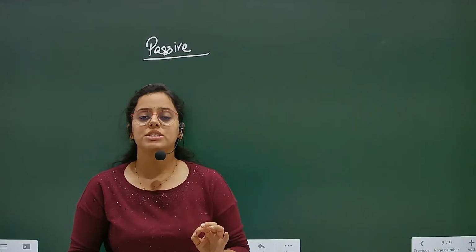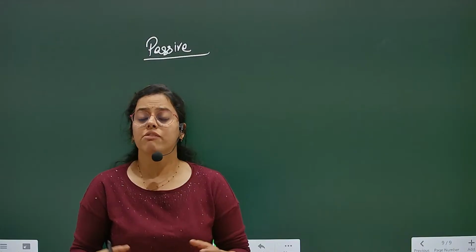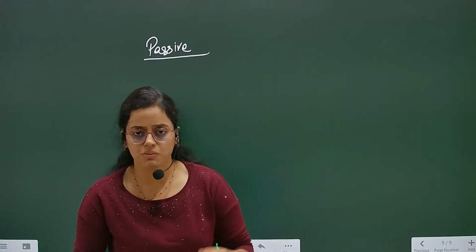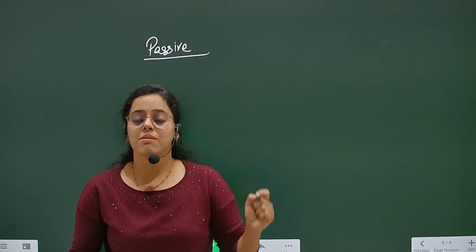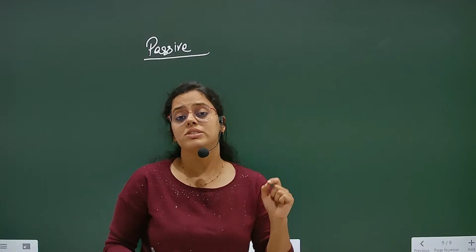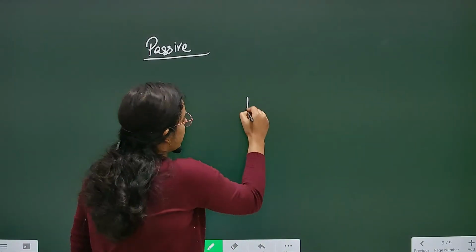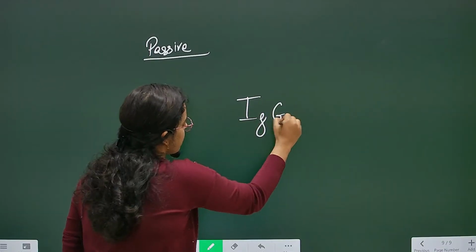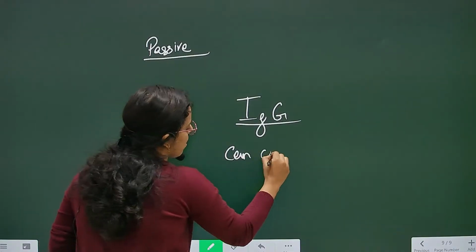Now the placenta also protects the developing fetus from various kinds of infection. How? Because the placenta is also sending some antibodies to the fetus. The antibodies that can cross the placenta are IgG. Okay, again this is very important. IgG can cross.